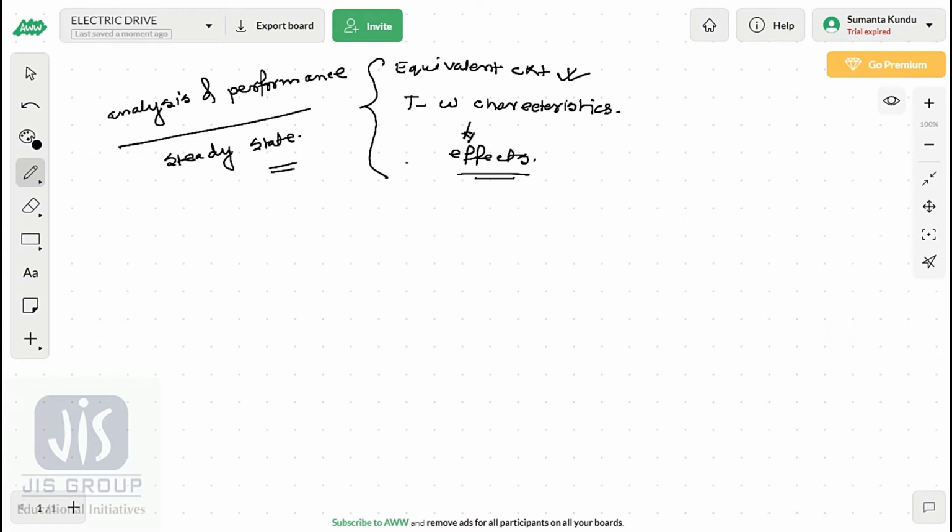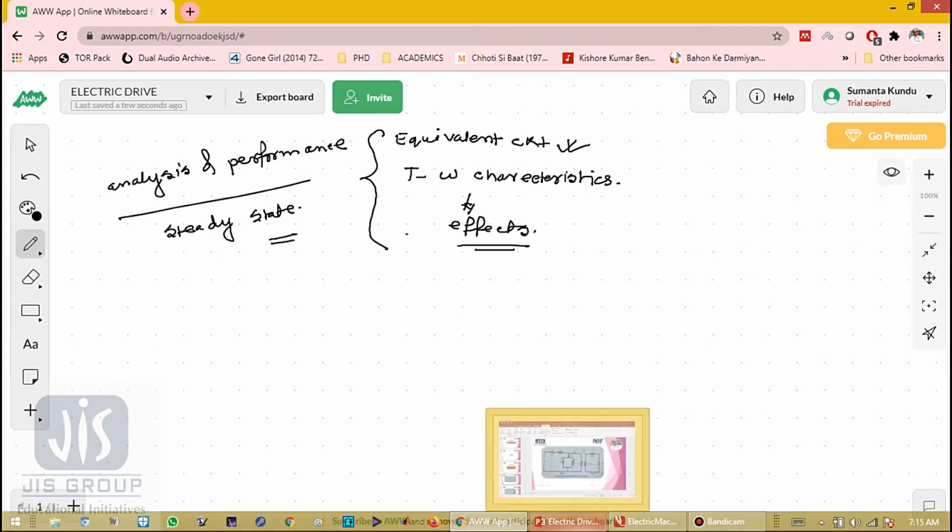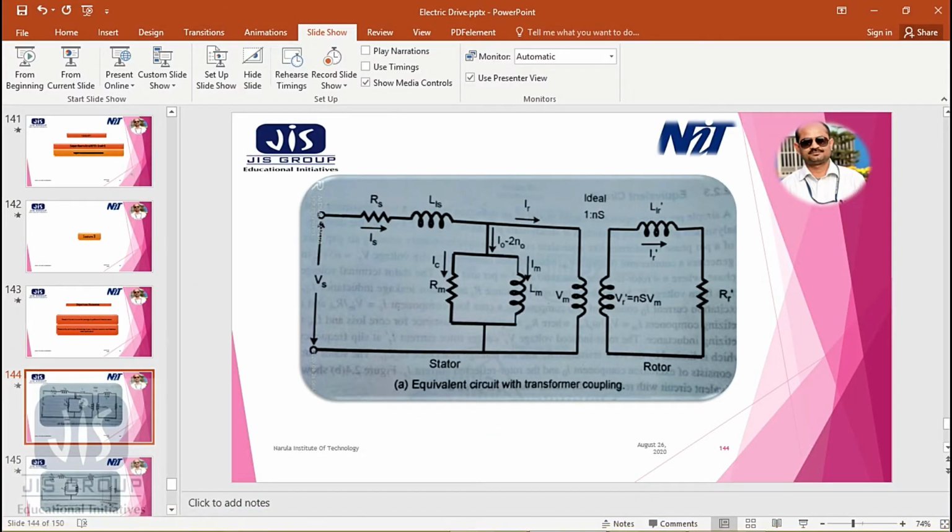Okay, so if we see the per phase equivalent circuit of an induction motor, so this is my per phase equivalent circuit of an induction motor. Now we know that an induction motor has two parts, one is stator, another one is rotor, and we can consider the induction motor as a rotating transformer.